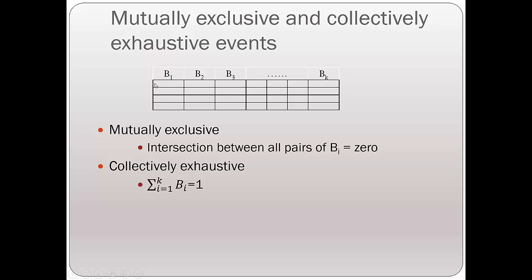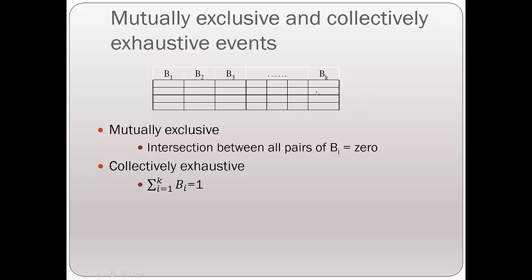Now there is no intersection between any pair, B sub 1 and B sub 2, or B sub 1 and B sub 3, or B sub 2 and B sub 3. Suppose this is your Venn diagram, right? There is no intersection between any pair of B sub i. So the intersection probabilities are all 0. That means they are mutually exclusive.